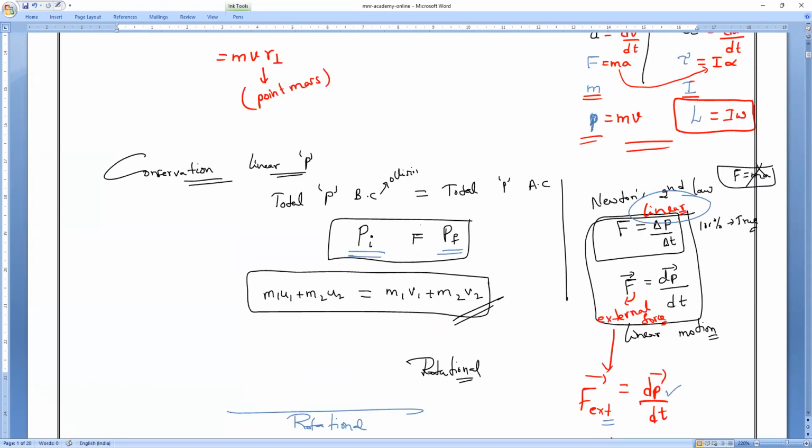That is called conservation of momentum, linear. When the external applied force becomes zero, the initial momentum is equal to the final momentum.